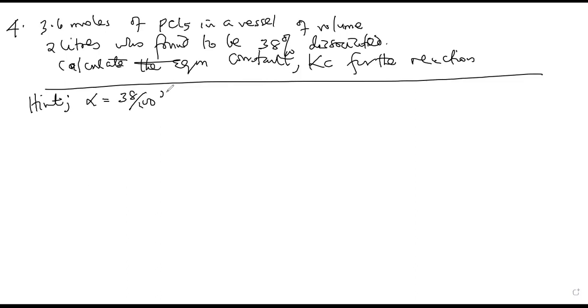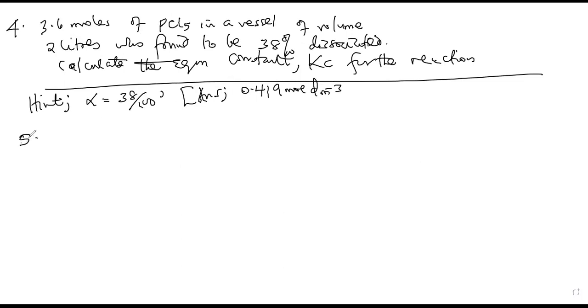Number two, when they say a volume of 2 liters, it means that to get moles per liter, we shall be dividing by 2. And generally the answer should be 0.419 moles per decimeter cubed.